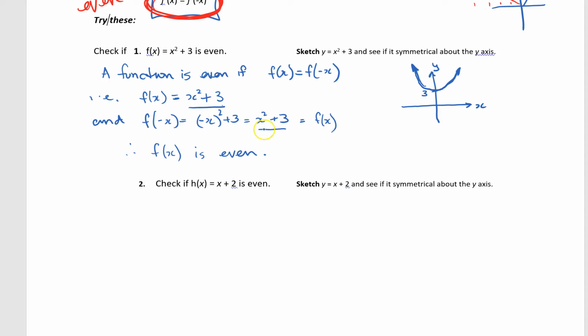Notice they're the same. So we can say that f of negative x is actually exactly the same as f of x. If you've been able to show that, you can conclude, and you do include in your solution a conclusion. Therefore, f of x is even.